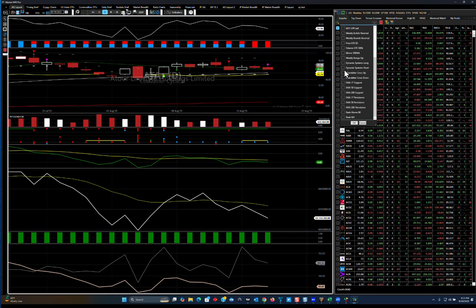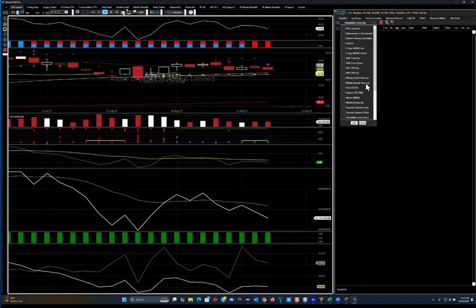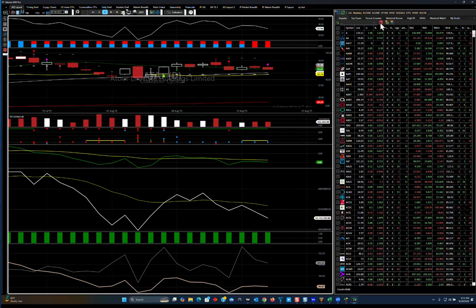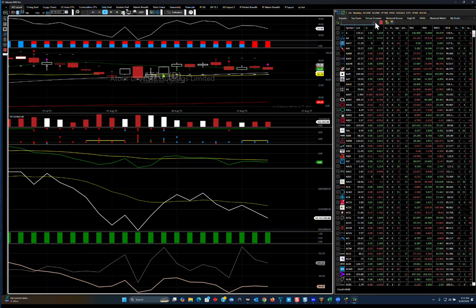We're also looking at a scan for stocks that today crossed above or below their chandelier stop. Let me pull that out. Let's go back to that. There's a good chance that this isn't activated, but let me look down below.